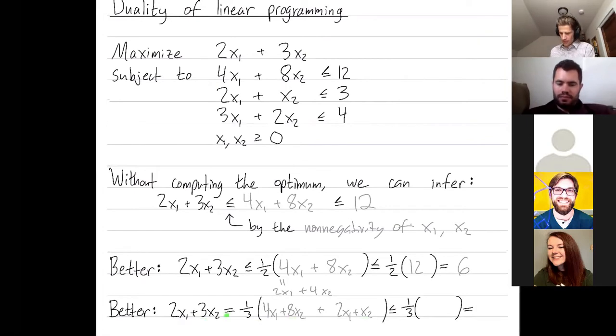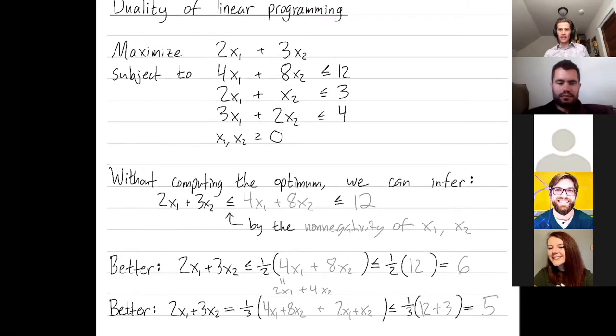So this is bounded above by 1/3 of 12 plus 3, which is 1/3 of 15, or 5. Okay, so I'm learning that you can't do better than 5 here.